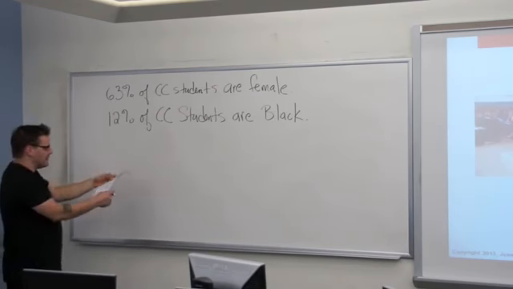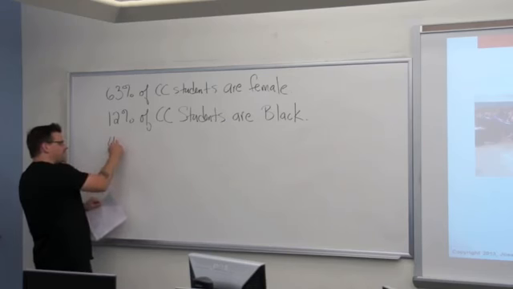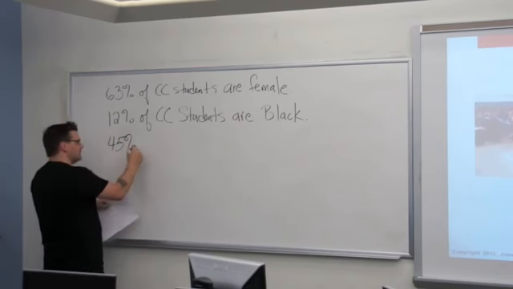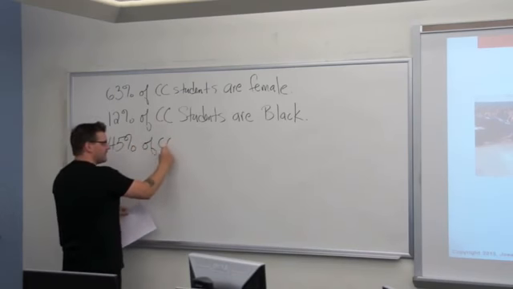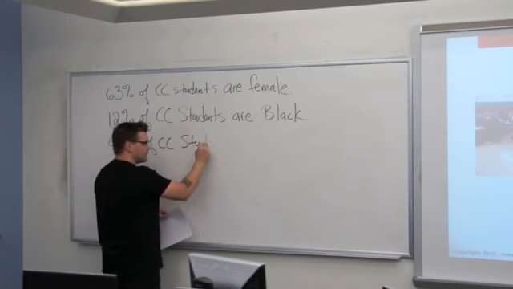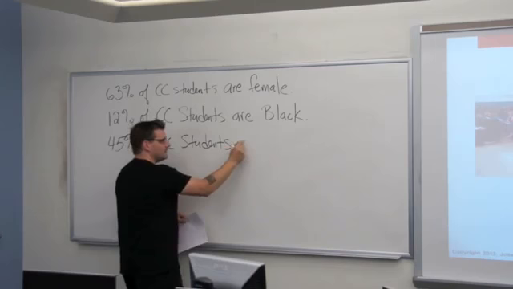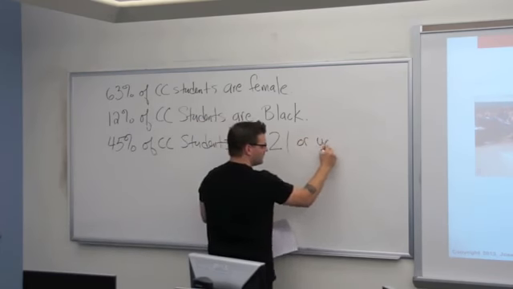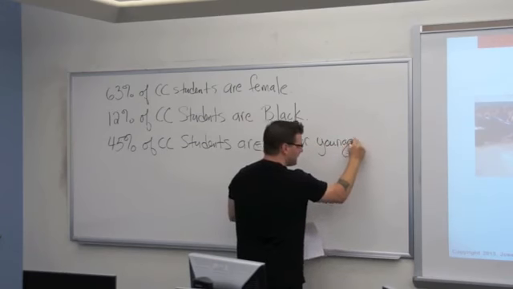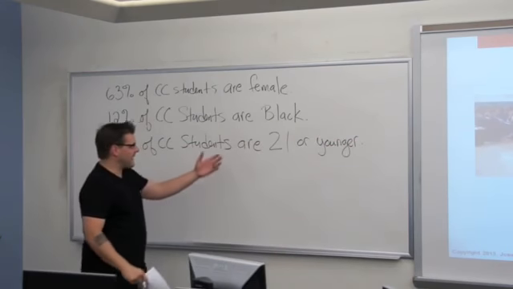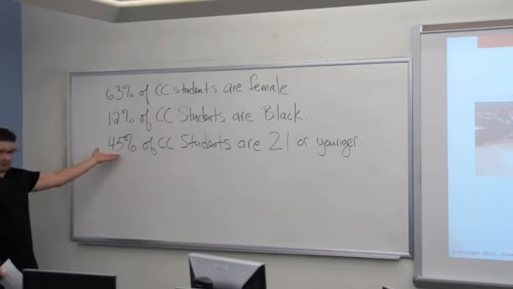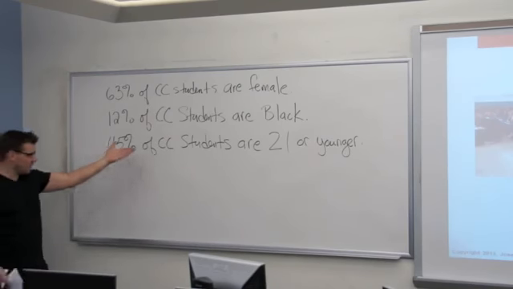I could keep going. I looked up this one. 45% of our students are 21 years or younger. 45% of Cecil College students are 21 or younger. If I collect a sample to decide who's using the gym, wouldn't I like my sample to be 45% 21 and younger?